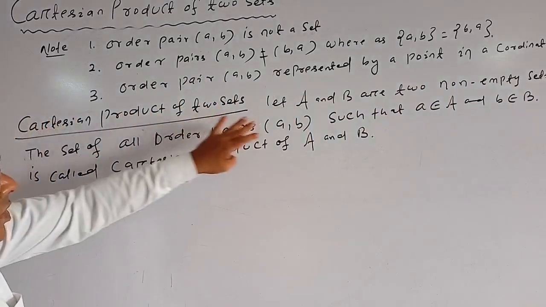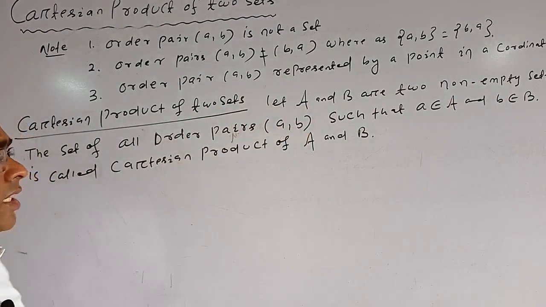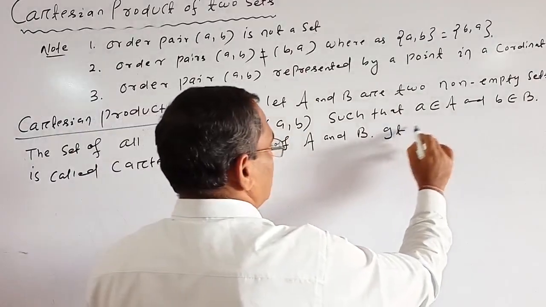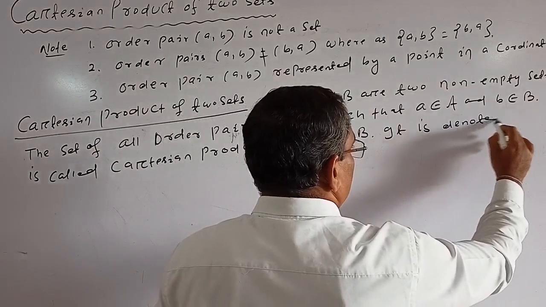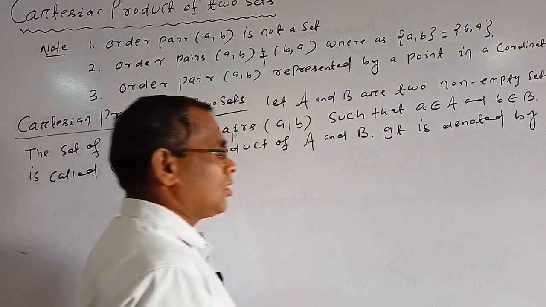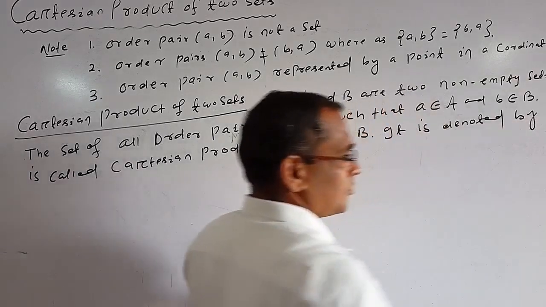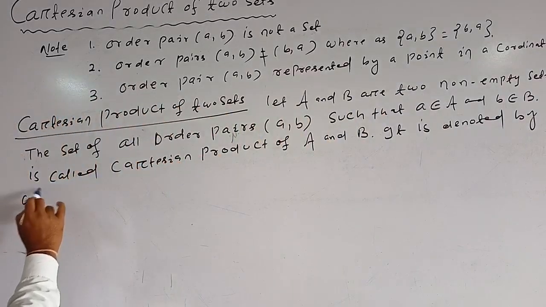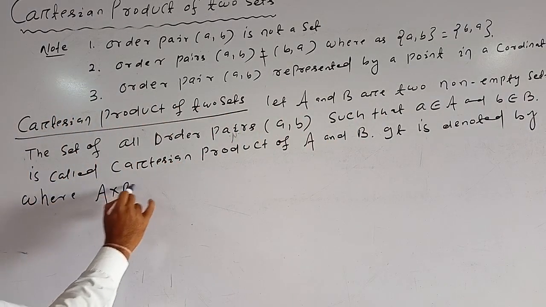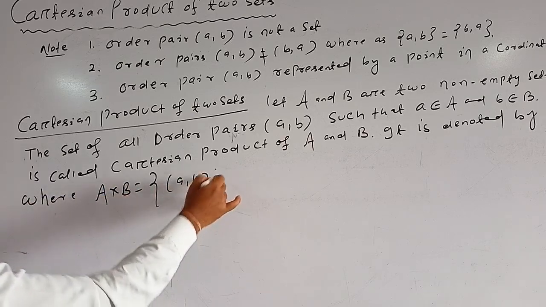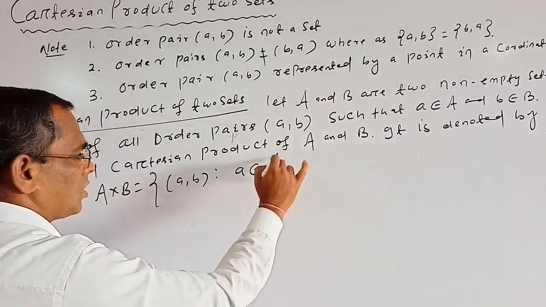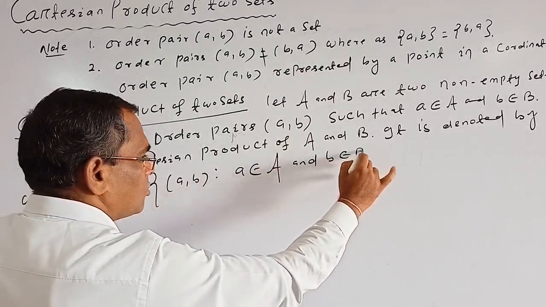So the collection of all ordered pairs (a, b) such that a belongs to capital A and b belongs to capital B is called the Cartesian product of A and B. It is denoted by A cross B. Okay, so where A cross B is equal to the set of ordered pairs (a, b) such that a belongs to capital A and b belongs to capital B.